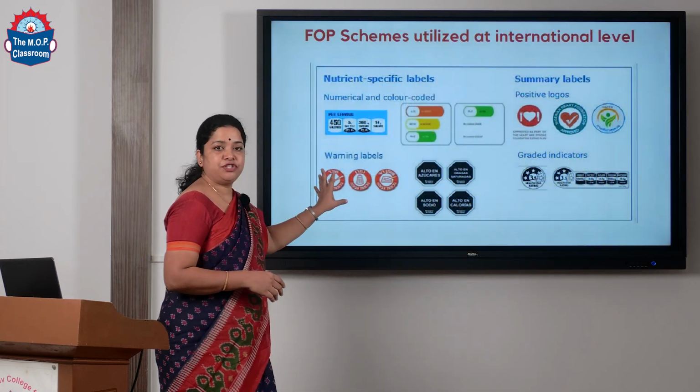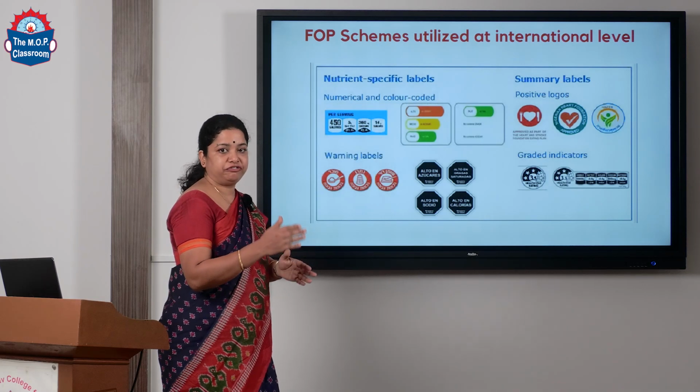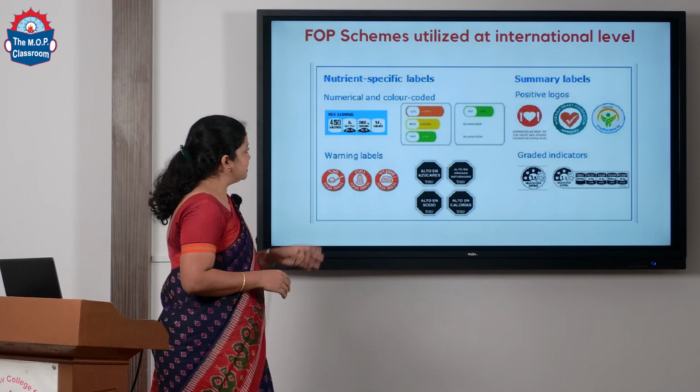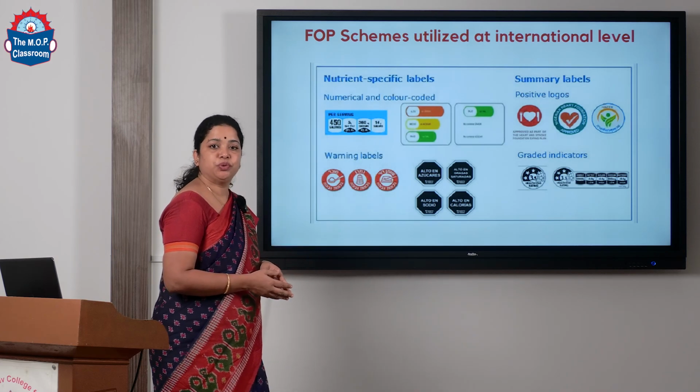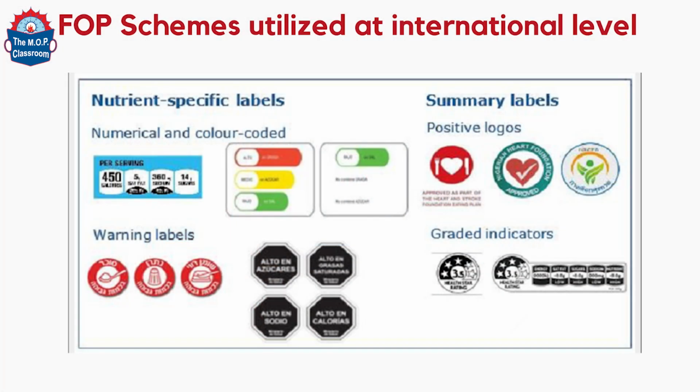This slide gives you the different front of pack labeling systems. It gives you information about the FOP schemes utilized by different countries across the world. You have different systems. Some are warning symbols, some are grading systems. The first one here is a numerical color system, called the traffic light system.